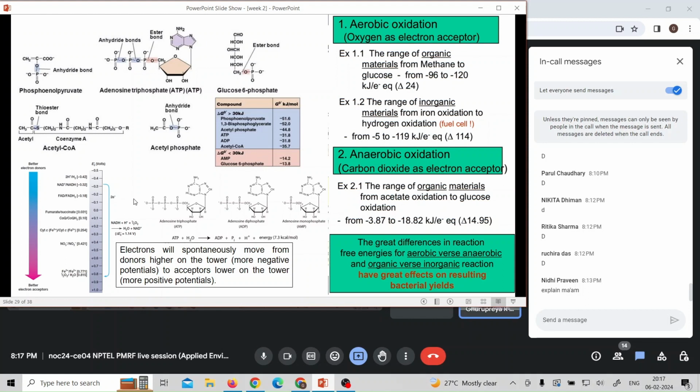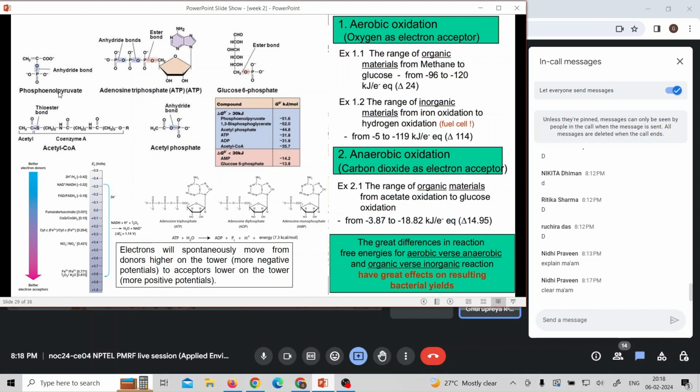Here you can see all these are energy rich compounds. Most of them contain phosphate. As I told, this phosphate bond when made requires energy, and when broken it releases energy that drives many biochemical reactions like glycolysis and the TCA cycle. Anywhere you go, you will require ATP, and there will also be formation of ATP there.